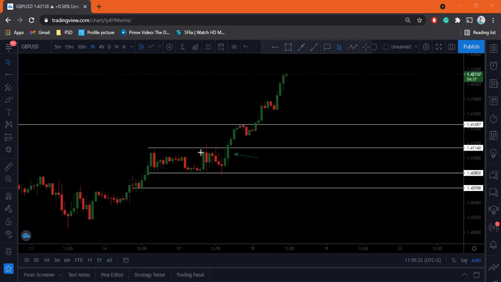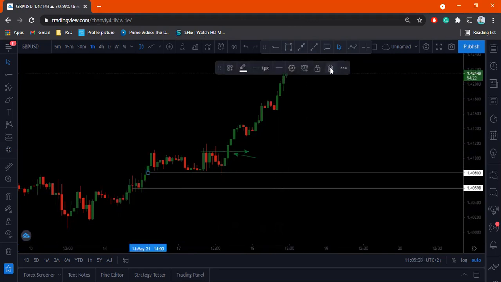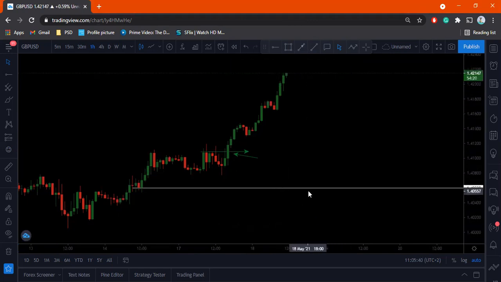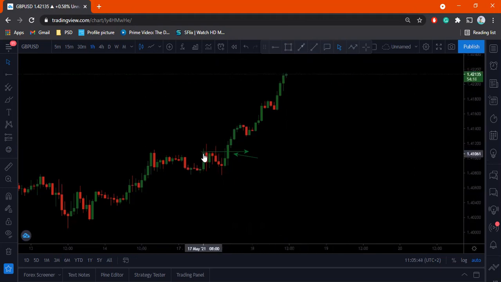We had candles closing at this area. Let me do this. We had candles closing at this area, right?